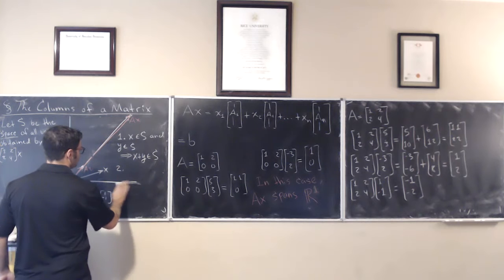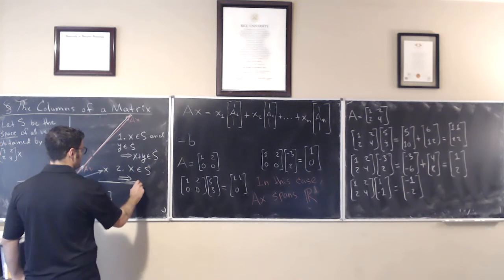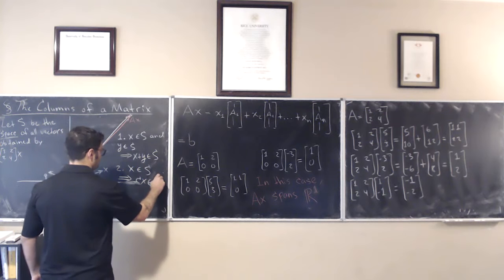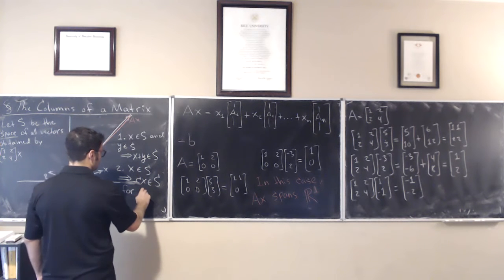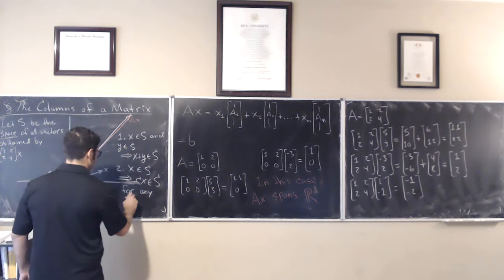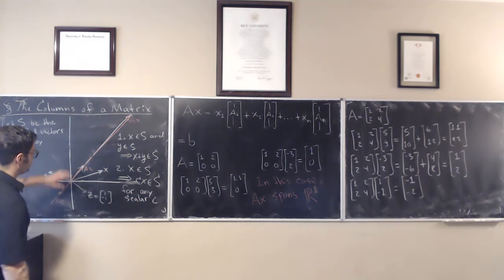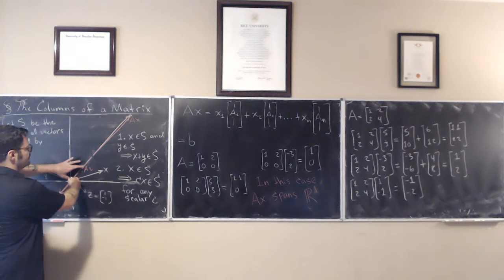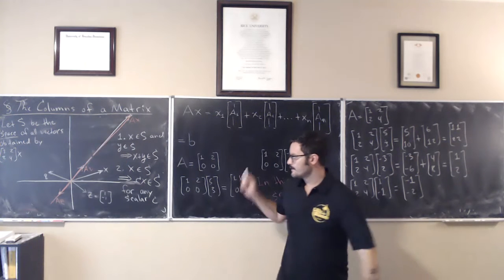And 2, x in S implies c times x is in S for any scalar c. If I just pick a vector on here and multiply it by c, it's just going to get longer and stay on that line. Okay?